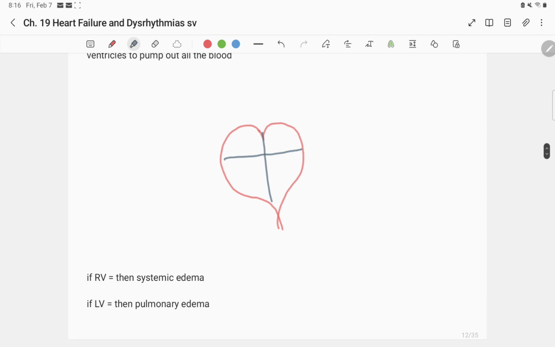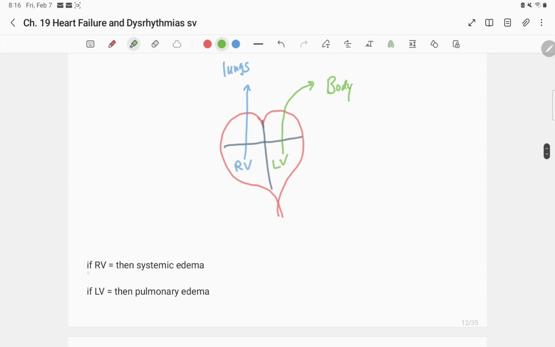The ones we're going to focus on are the right ventricle and the left ventricle. So the right ventricle sends blood to the lungs, and the left ventricle sends blood to the body. Okay, so if the right ventricle has issues, then you're going to get systemic edema.